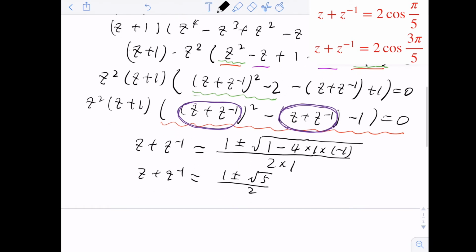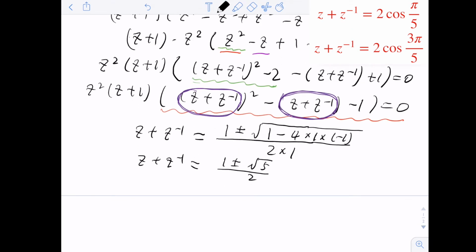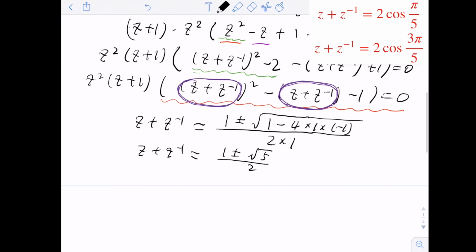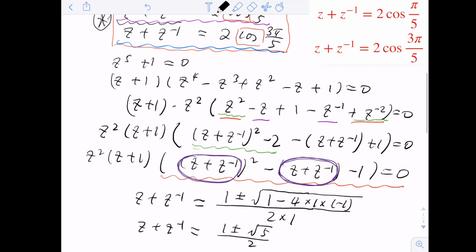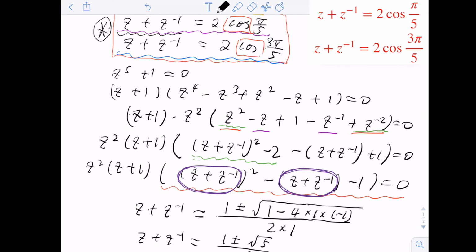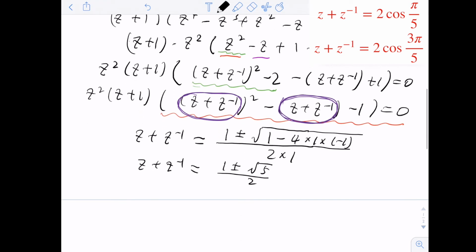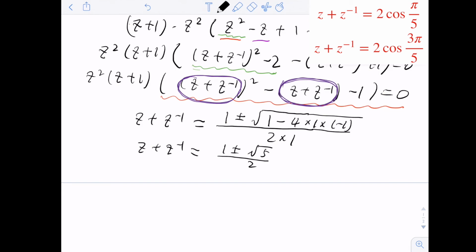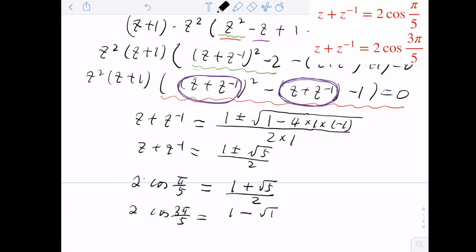But as you still remember, from the top right corner, we have z plus z to the negative 1 equals 2 cos pi on 5 and 2 cos 3 pi on 5. So then I can equate this result with them: 2 cos pi on 5 equals 1 plus square root of 5 over 2, and 2 cos 3 pi on 5 equals 1 minus square root of 5 over 2.